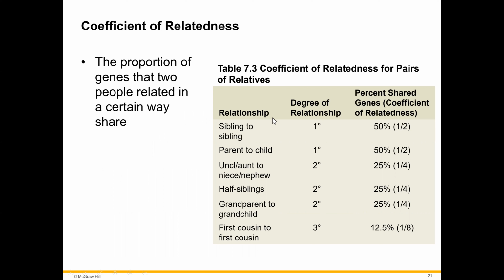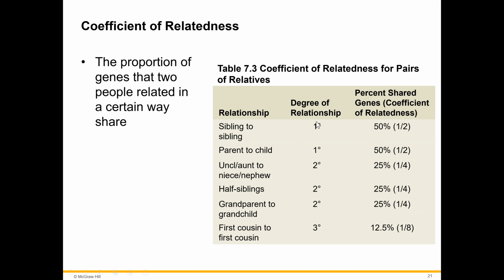Over here, we can see, for example, siblings to siblings. If you have brothers and sisters, the percent of shared genes, or coefficient of relatedness, is 50%. So you share 50% with your brothers and sisters, 50% with your parents, 25% with your uncle, aunt, niece, and nephew, half siblings 25%, grandparents 25%, first cousin 12.5%.